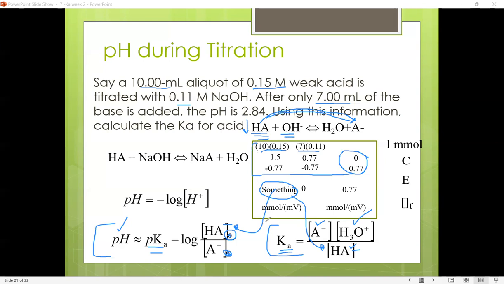Okay. One last thing is that here, these are both concentrations. We can see in this form of the Henderson-Hasselbalch relationship that we can use millimoles. All right, millimoles on top, millimoles on bottom, or you can convert it back to concentration, just divided by the total volume you had.